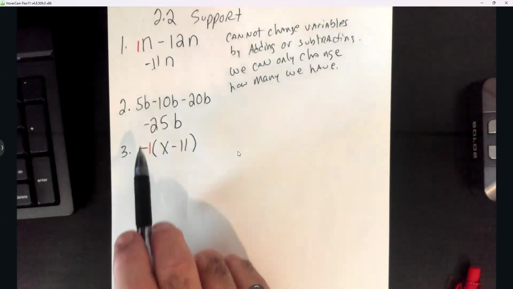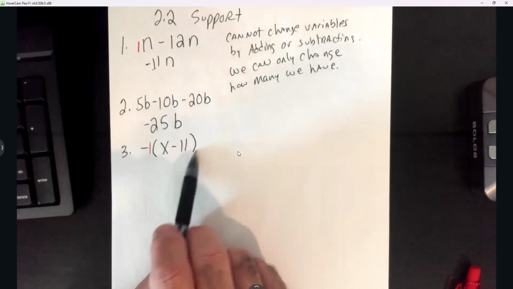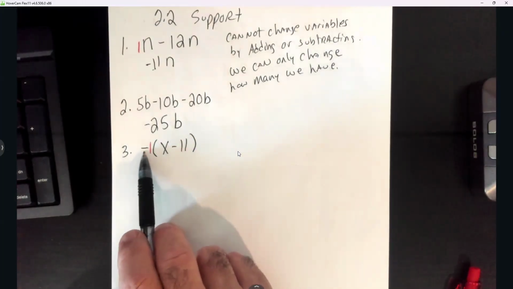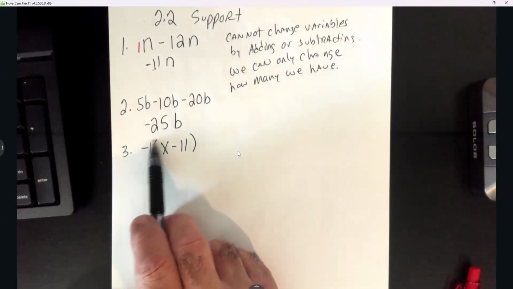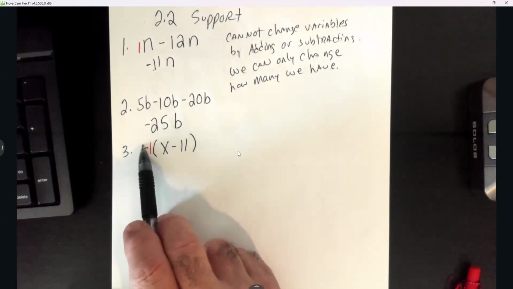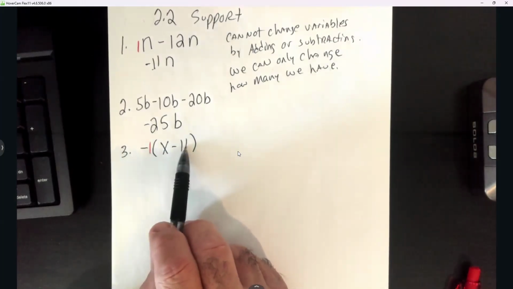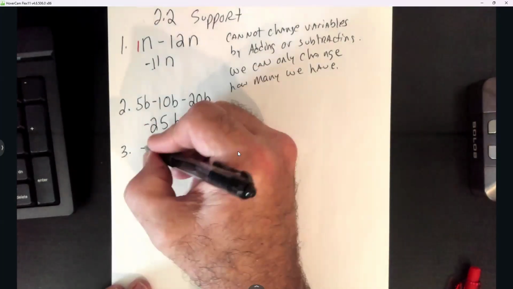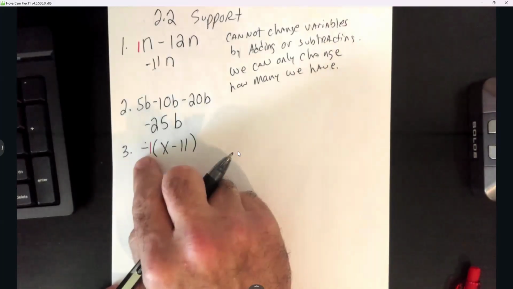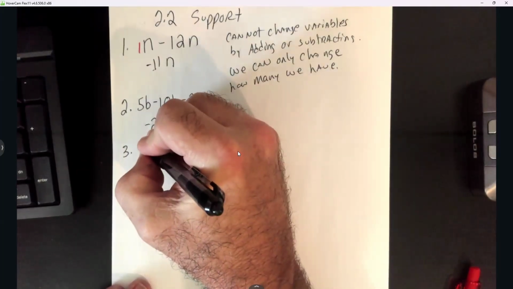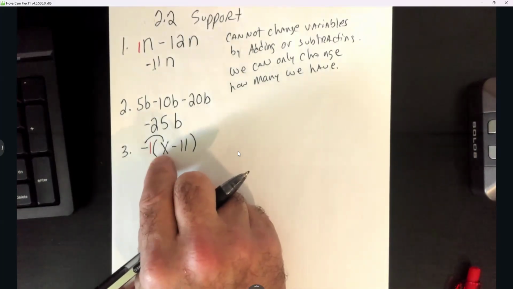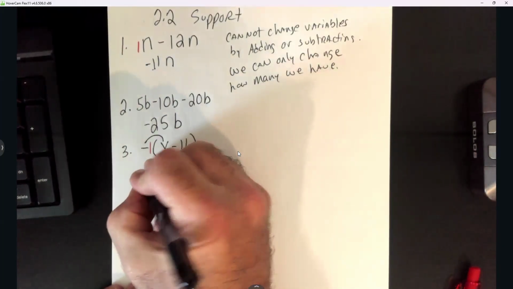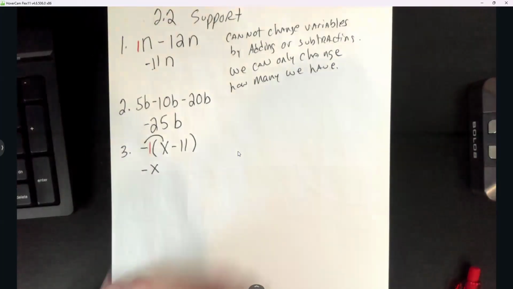So, y'all, here's what you do. We want to get rid of the parentheses. When you've got parentheses following a negative or a minus, you distribute that minus to everything in the parentheses. So you take that negative and treat it like a negative 1. Negative 1 times x, a negative times a positive, makes a negative x.